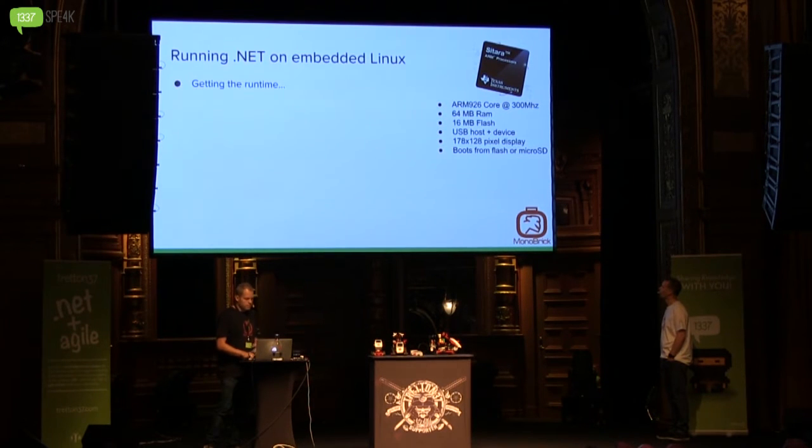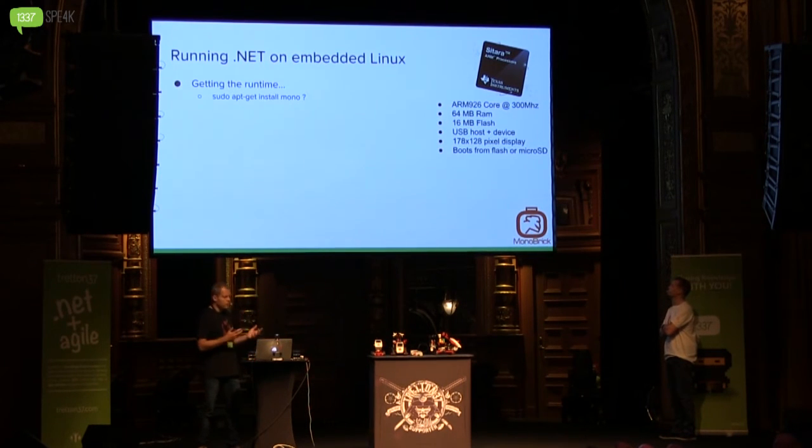Okay, so we need to get the .NET runtime. So how do you do that? We just do an apt-get install, and that is not really possible. The EV3 runs a special Linux distribution called Ångström, which is tailored for embedded systems, and it has a very limited amount of packages available.